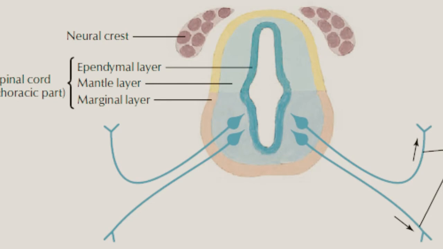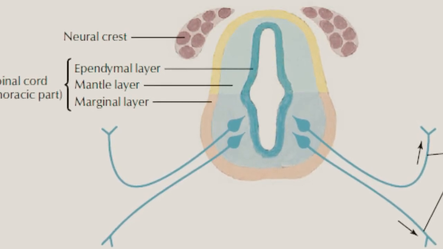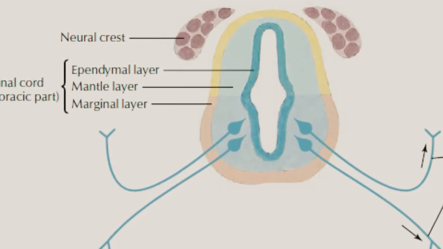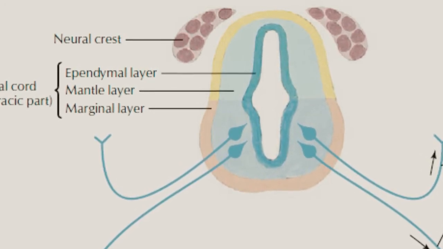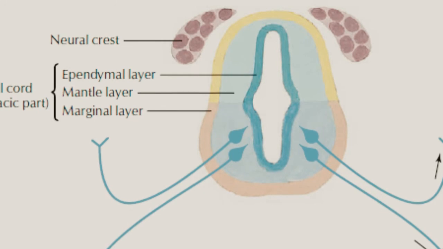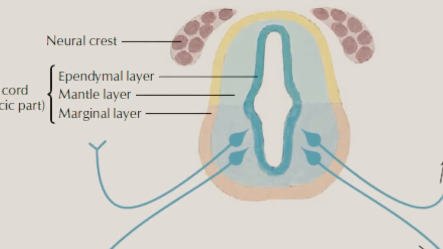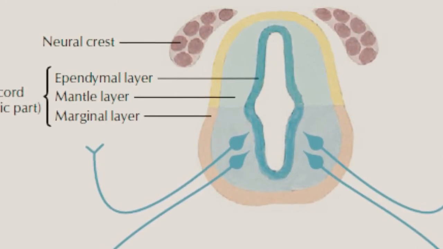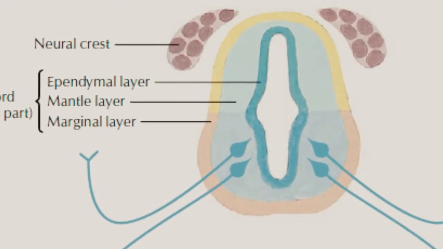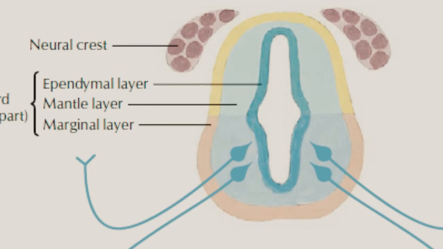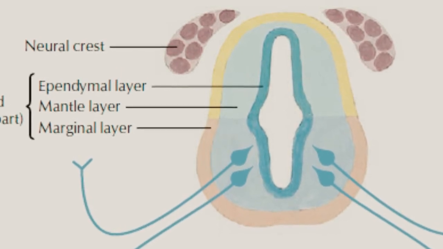So these cells, unlike those that form the Alar plates, remain on the outer surface of this developing spinal cord. So the neural crest cells, when they reach the point around the neurofold, and after fusion of the neurofold to form the neurotube, remain outside, and they also differentiate to give us neuroblast cells.